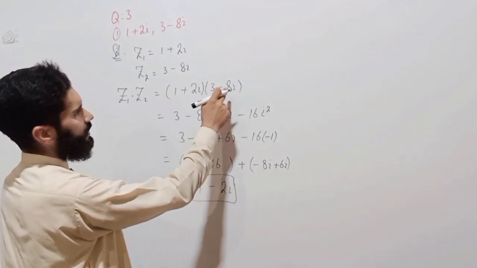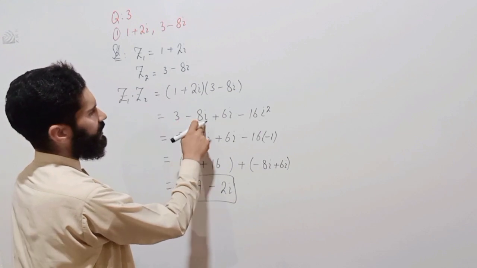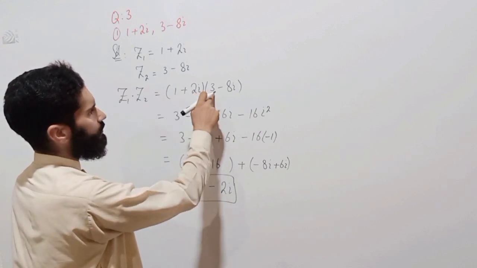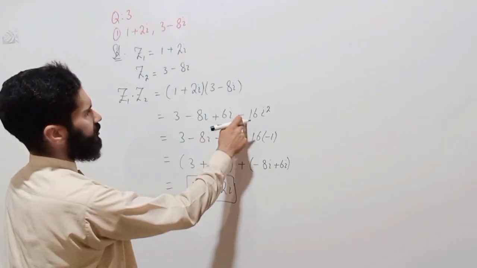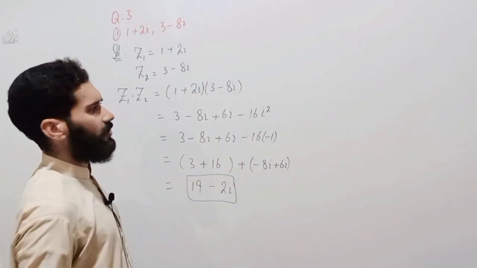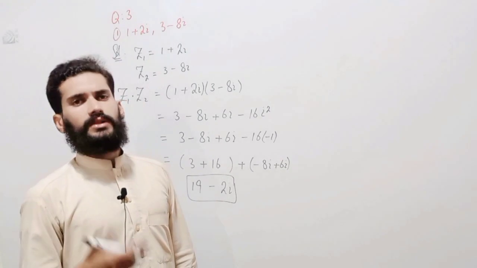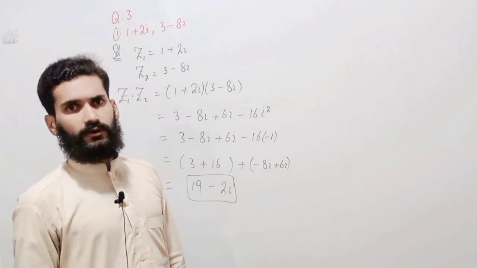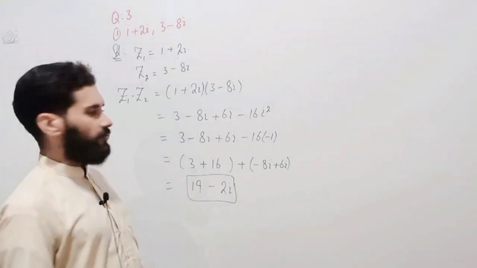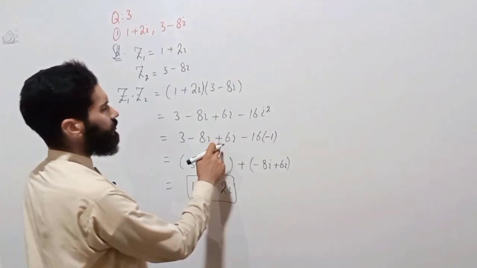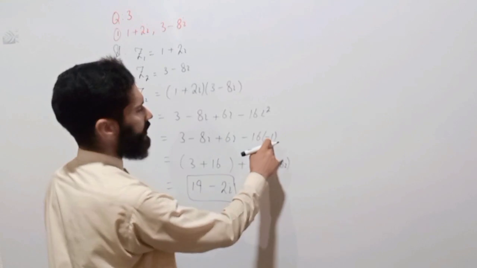Multiplying 1 by 3 gives 3, and 1 by negative 8 iota gives negative 8 iota. Then 2 threes are 6 iota, and plus into minus is minus, 2 eights are 16 iota square. We know that iota square is negative 1. So 3 minus 8 iota plus 6 iota minus 16 multiplied by negative 1.